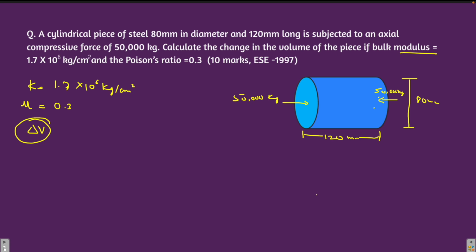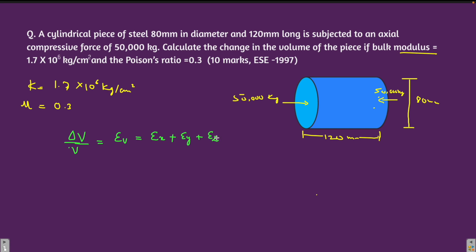Okay. So let's start with our question. We cannot directly find the change in the volume, but we know a formula: change in volume to the original volume is the volumetric strain, and volumetric strain is the strain in x direction plus the strain in y direction plus strain in z direction.